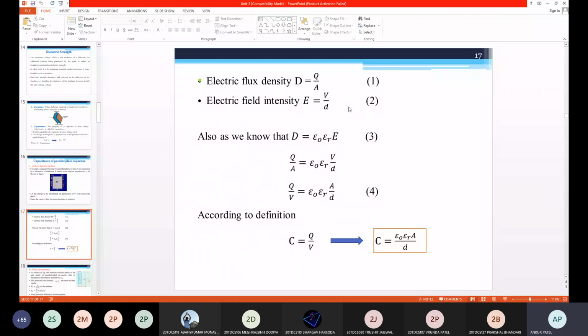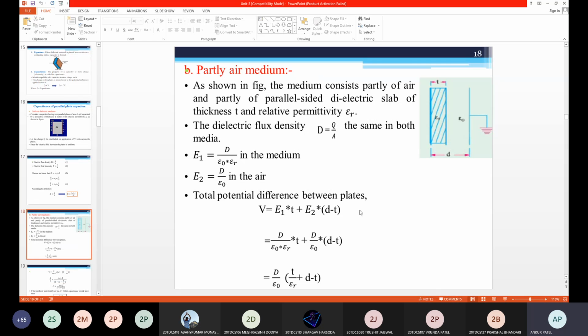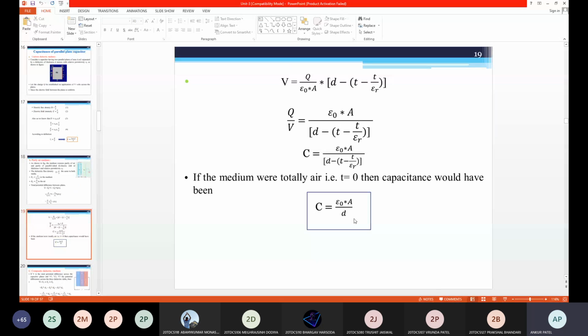For the uniform medium, we got C is equal to epsilon 0 into epsilon R into A by D. For the partly air medium, we got C is equal to epsilon 0 into A divided by D minus T by epsilon R. If T equal to 0, then we have C is equal to epsilon 0 A by D.